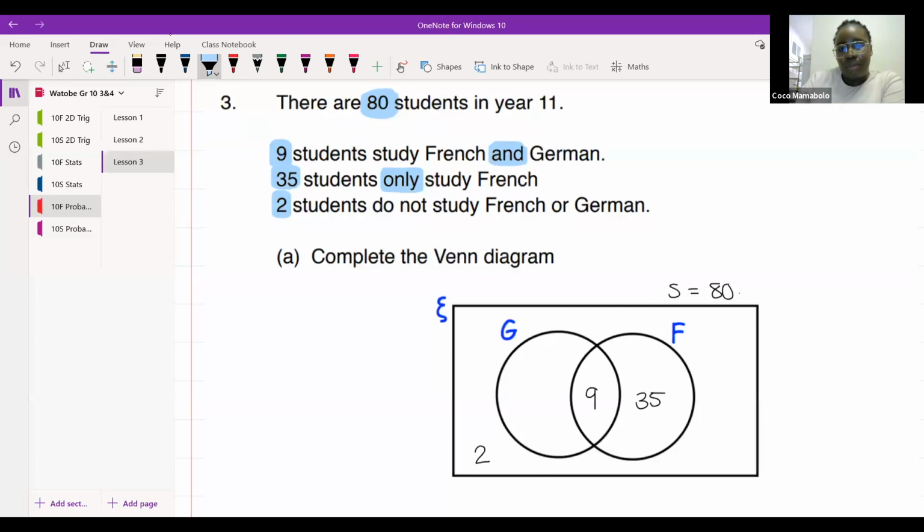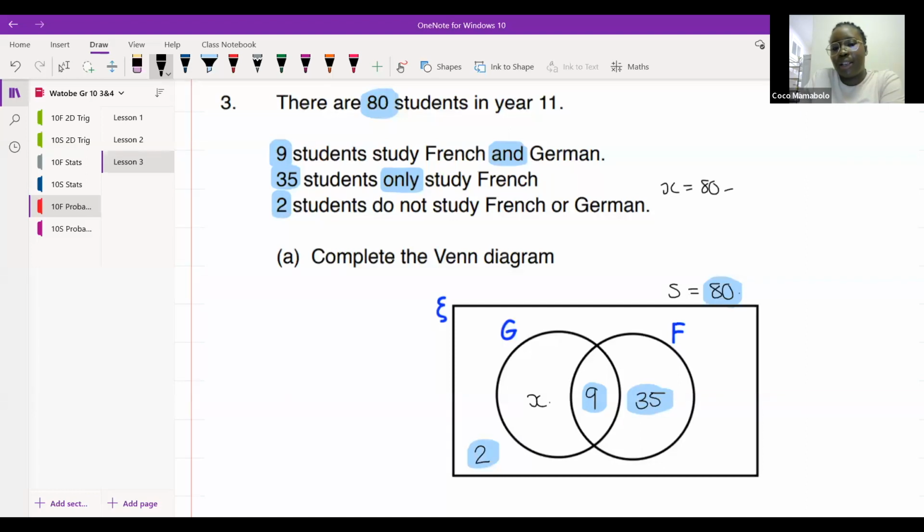And after that, I think you also minus the 9. Yes, absolutely. If there are 80 students altogether, and we already know that 35 and 9 and 2 of them are accounted for, whoever is left is going to study German. German only. So we can set up an equation. We can call this part x, and we'll say x is equal to 80.